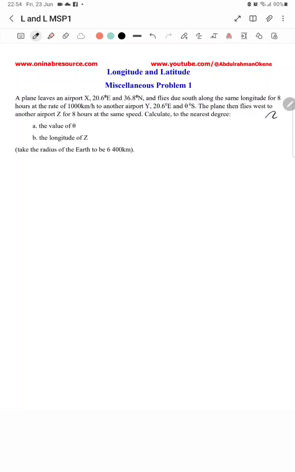The plane then flies west to another airport Z for 8 hours at the same speed. Calculate to the nearest degrees: A, the value of theta; B, the latitude of Z. Take the radius of the earth to be 6,400.